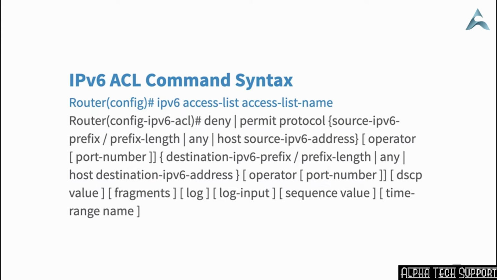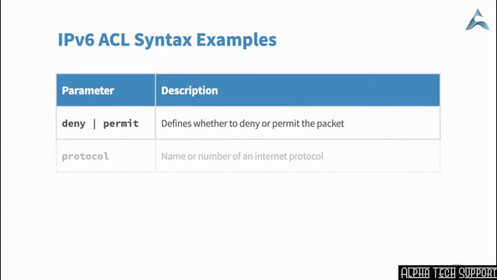Of course, you first create that using the IP version 6 access list, and then you use a name. And in the second section, here is where we see the syntax variables. And there are more because it seems to have wrapped everything in that syntax for IP version 6. We see a lot of syntax examples.